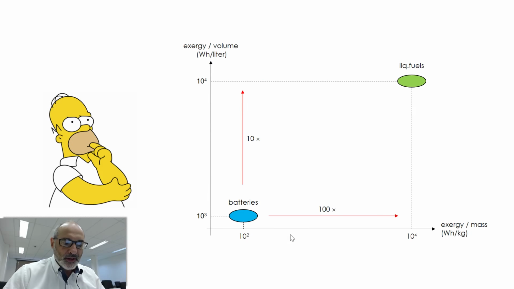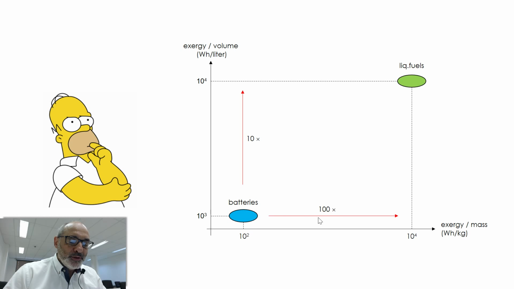So here you have the order of magnitude, 10 to the second power, in terms of massic density, or volumetric density. So batteries fall here and liquid fuels fall far beyond.